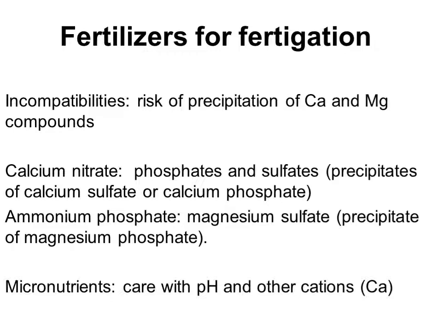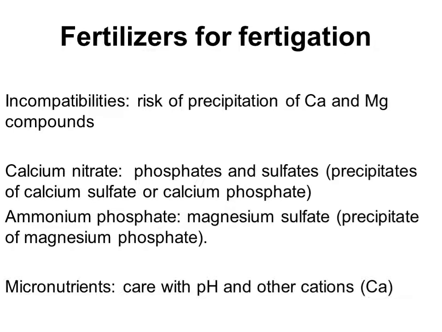As we said before, the incompatibility has to do with the risk of precipitation of calcium and magnesium compounds. So we say that two products are incompatible when we cannot mix them in the same tank.